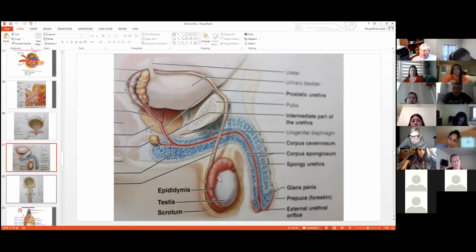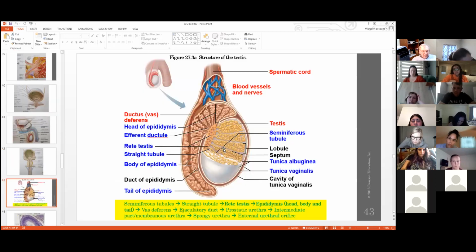When you look at the testes themselves, they have these little convoluted tubules inside them called seminiferous tubules. Seminiferous tubules produce the sperm cells.